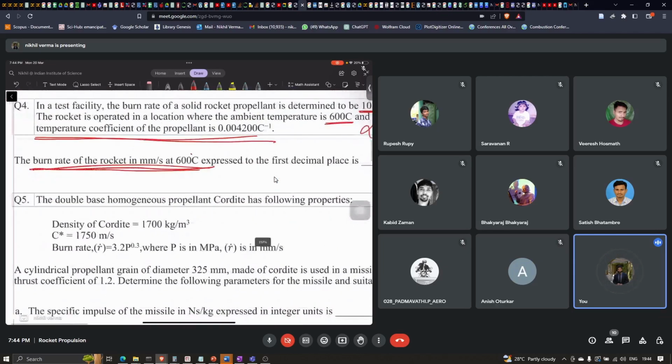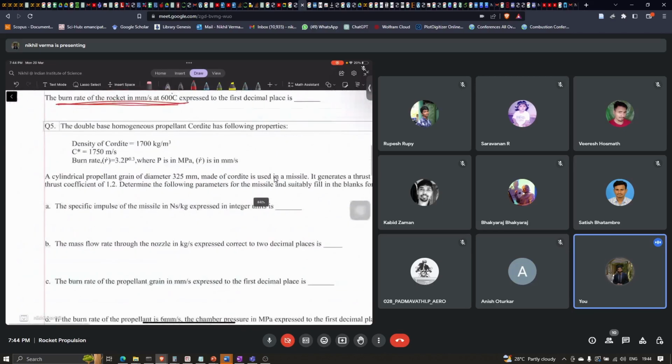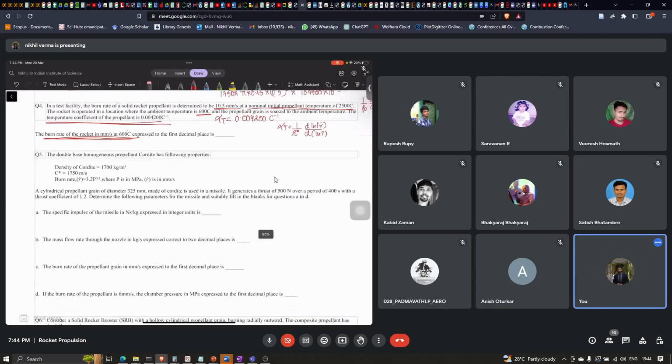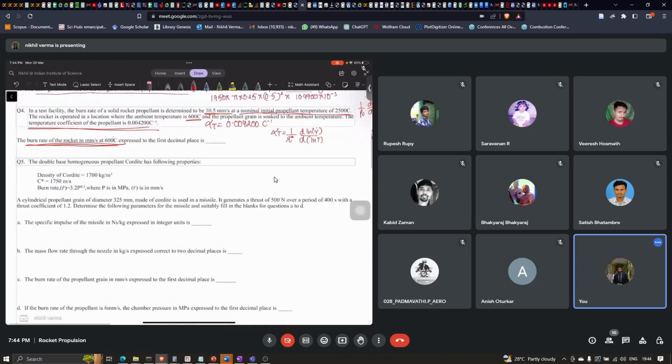So we have four. Okay, so we have a double base homogeneous propellant known as cordite. The density is given, C star is given, burn rate is given, and the diameter is given.